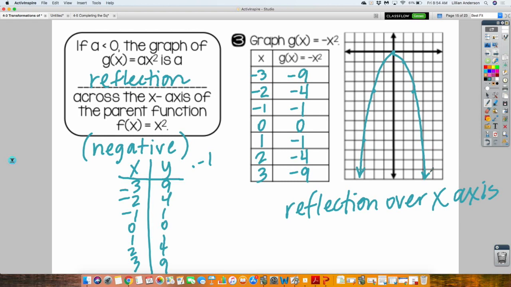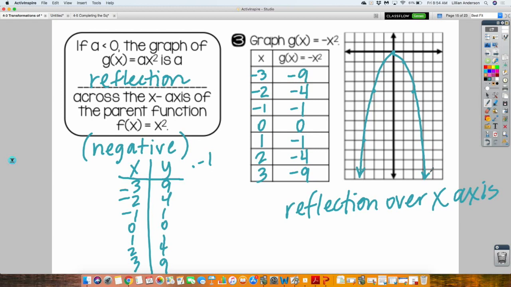If you just want to plug in random x values into the function, work it out to get the y values, that's fine too. Graphing, you can do it however you like. But if it's asked what happens to the original x squared function, then you actually have to say it's a reflection over the x-axis. It moves to the right 5 units or whatever.